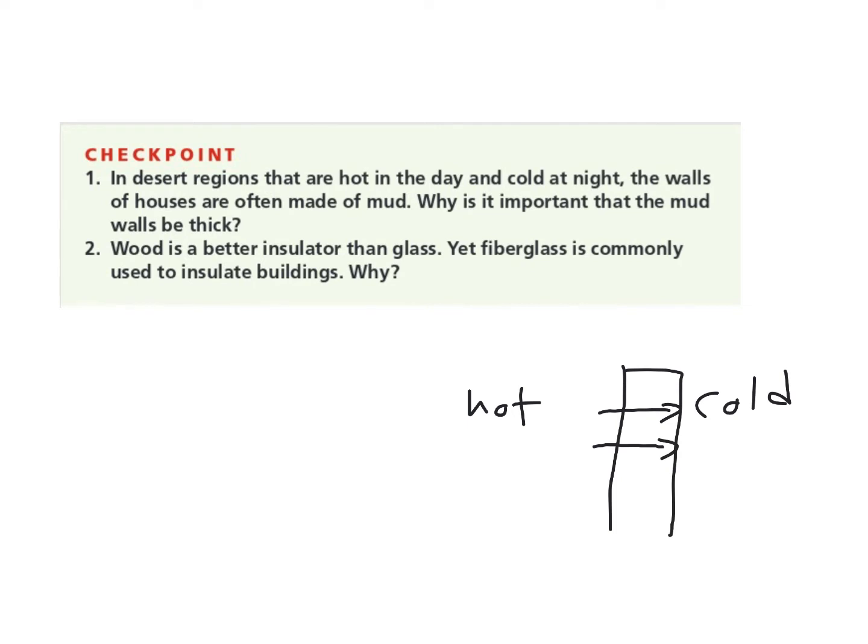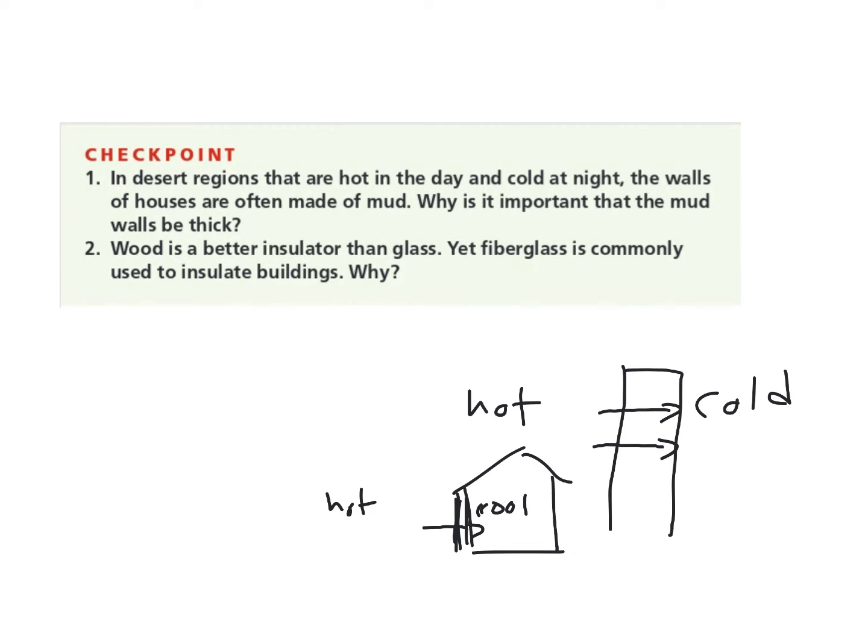So imagine that you have a hut and it's hot out during the day, and it's cool inside because in the morning it's cool and it gets warmer and warmer outside. Well, the heat's going to flow into your hut and it's going to warm it up. But if you have nice thick walls, that's going to slow down that heat.